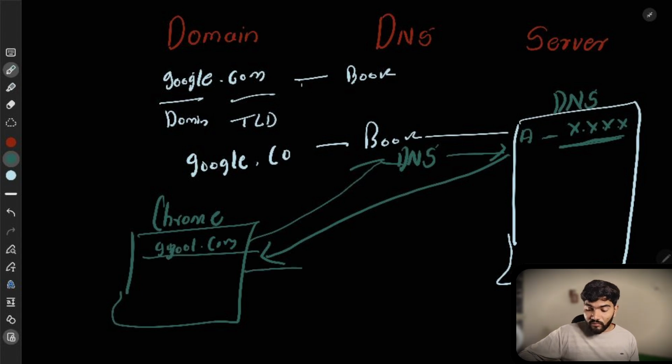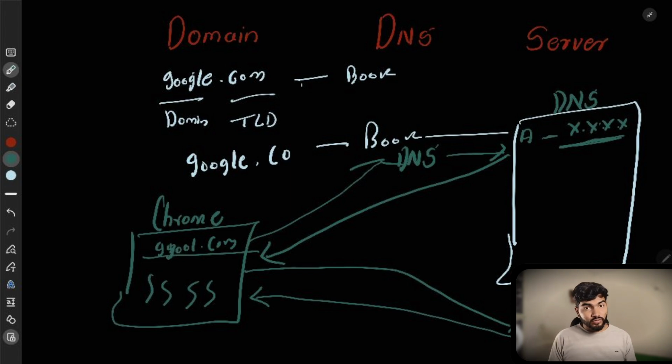Then the browser will make the request to the server where the IP address is, this IP address, right? It can be anything. So I'll just say x.x.x.x. Okay, that's the IP address I'm using for example, right? So here it will take Google's website and come back to the browser, and here it will present you Google's website, right? So this is how the typical process works.